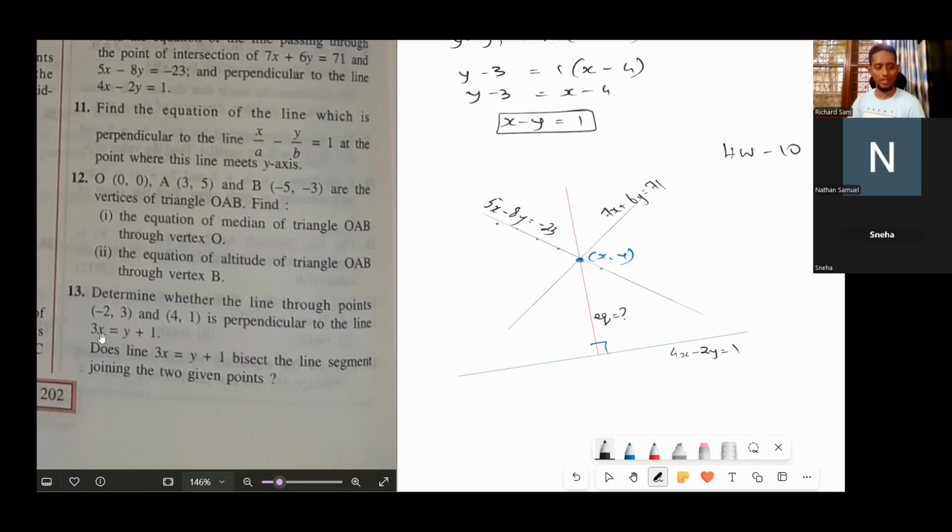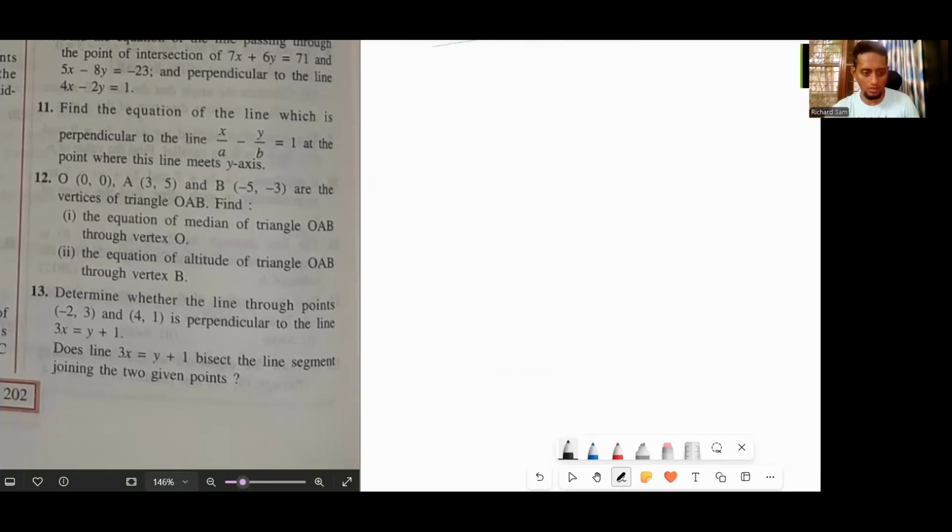Next, does the second line bisect the line segment joining the two given points? What is x and y? Does this line bisect? So this is 1 point, this is the other point.